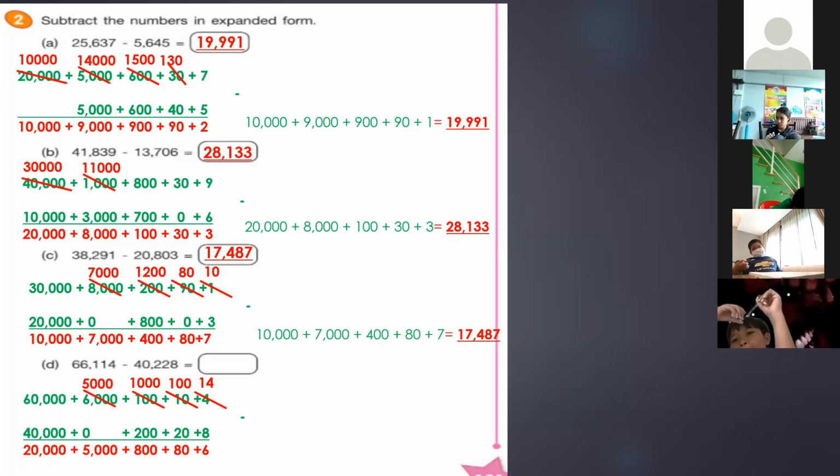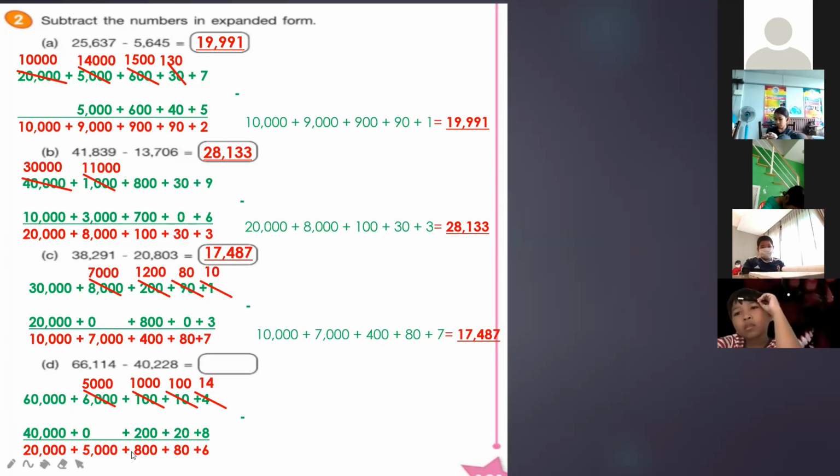So 6,000 becomes 5,000 and 0 becomes 1,000. So 1,000 minus 200 is equal to 800, and 5,000 minus 0 is equal to 5,000. 60,000 minus 40,000 is 20,000.